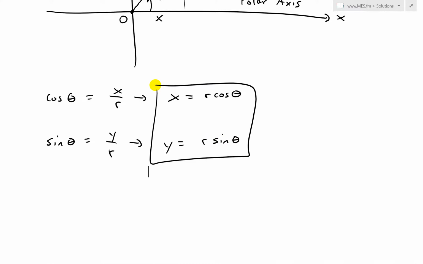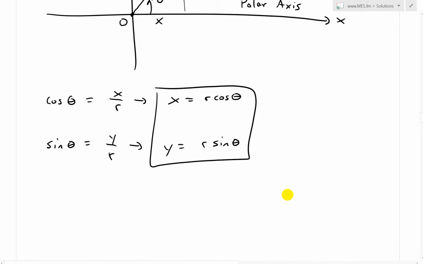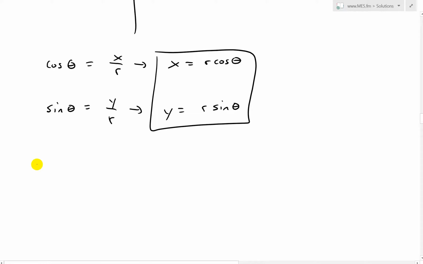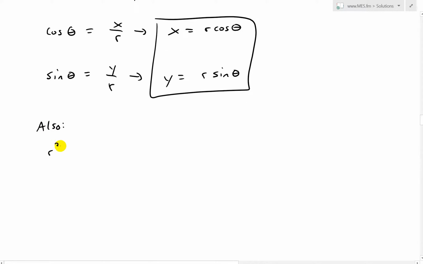We can also use Pythagoras to get r squared equals x squared plus y squared.